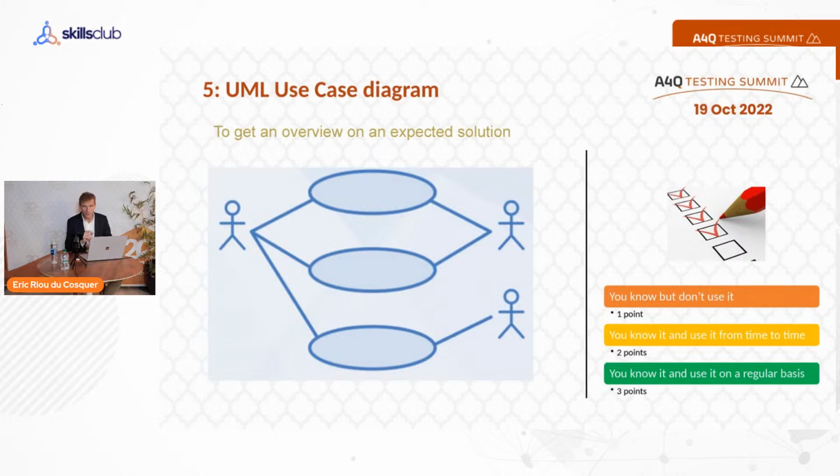And we have associations between the different types of users and the use cases. So it's about explaining who will be using the solution and why. And it's very efficient at the beginning of the project because it's a good way to have a quick overview on the expected solution.